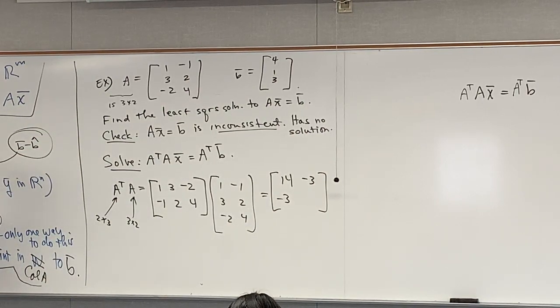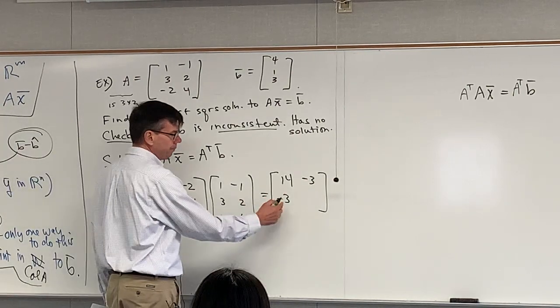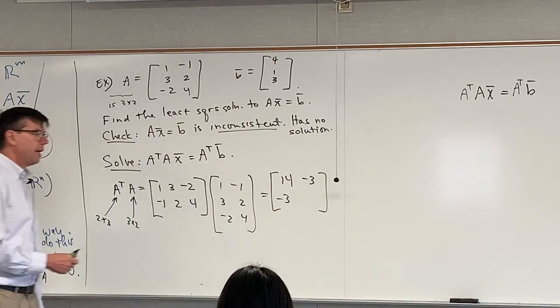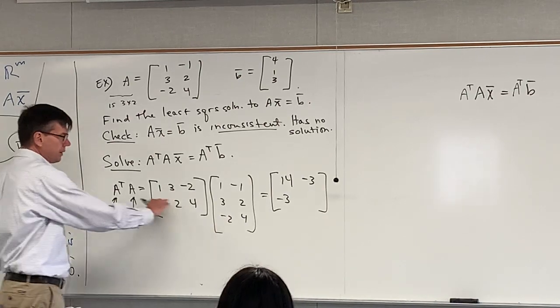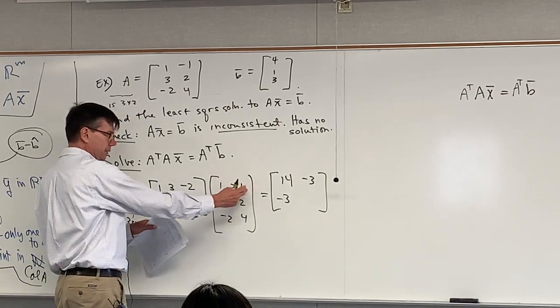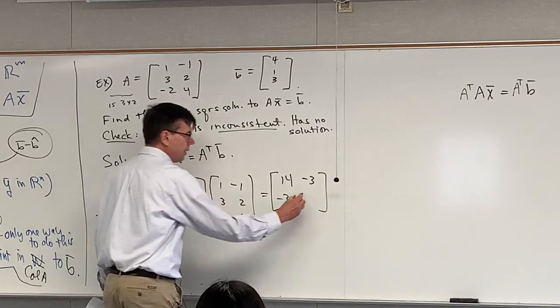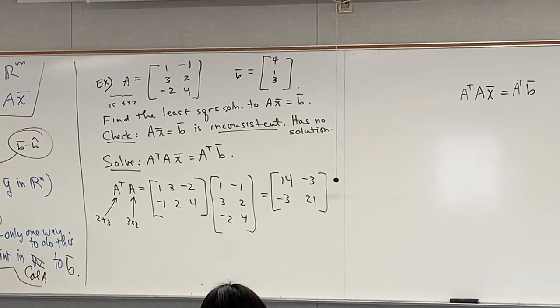That should seem reasonable. In our 2-1 position, we're getting the same entry as in our 1-2 position. But then when we do second row, second column, here we're back to sum of squares again, right? 1 plus 4 plus 16, 21.